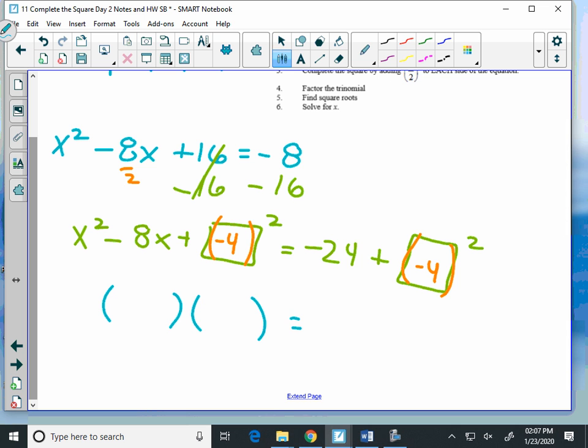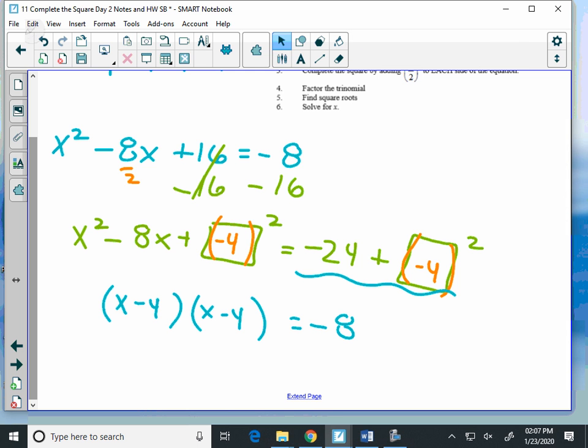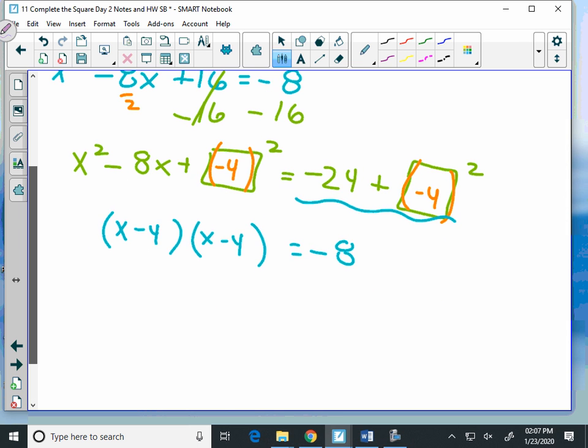What are our parentheses going to look like? Good. Combine on your calculator, what do we get? Rewrite that down. How can we write x minus 4 times x minus 4?